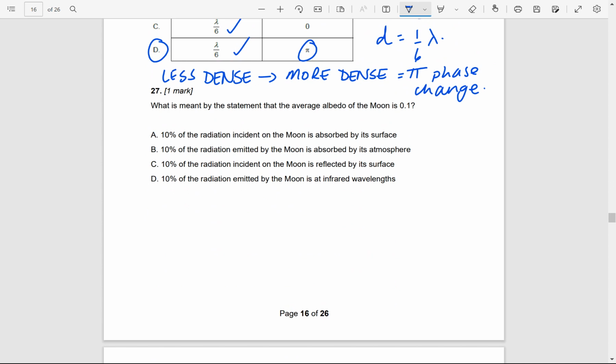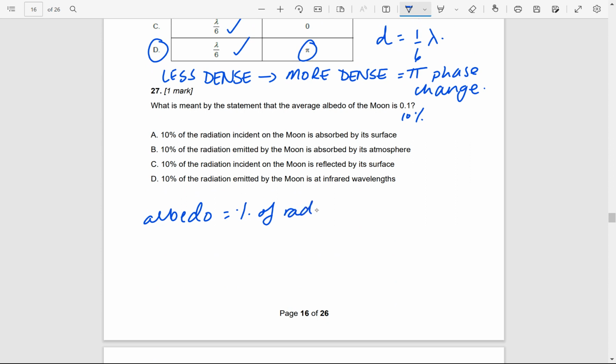Albedo, it's saying albedo is 0.1. What does albedo mean? A recall answer here. If it's 0.1, that's saying 10%, like an efficiency type thing.